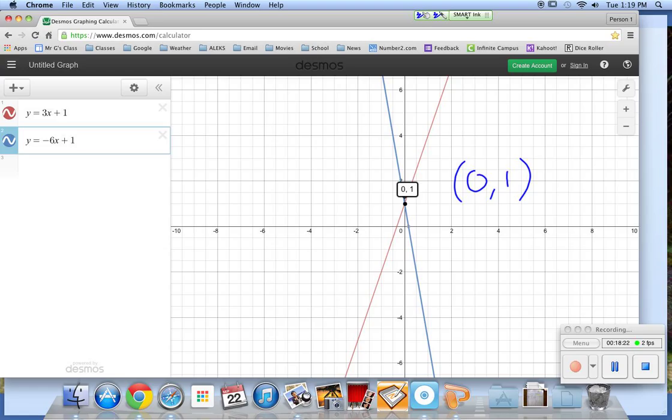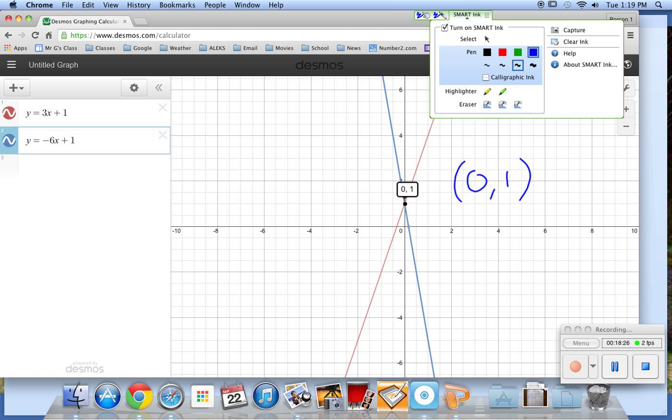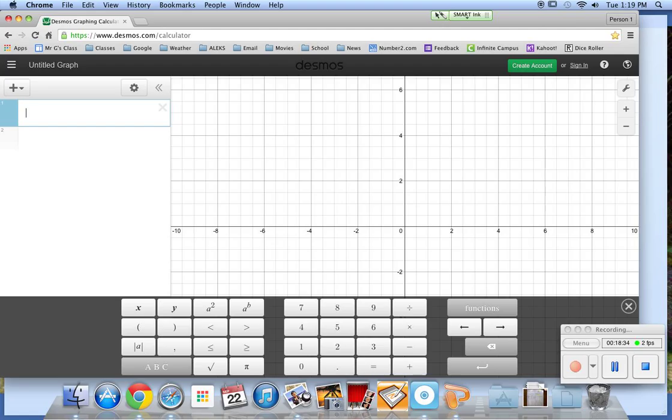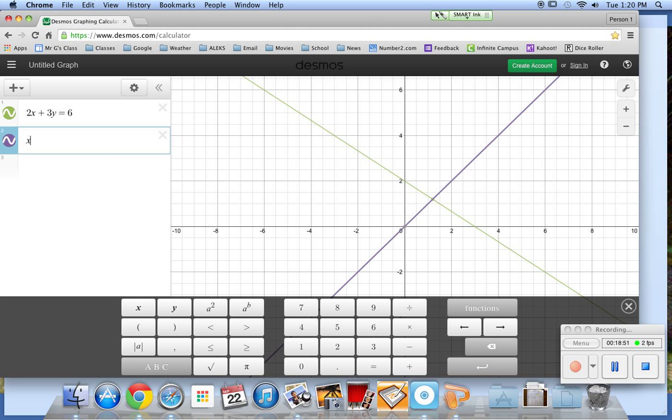All right? Pretty slick, right? Let's try another one here. What were the two equations we had before? Read those off for me. 2x plus 3y equals 6. What's the other one? X plus y equals 2?